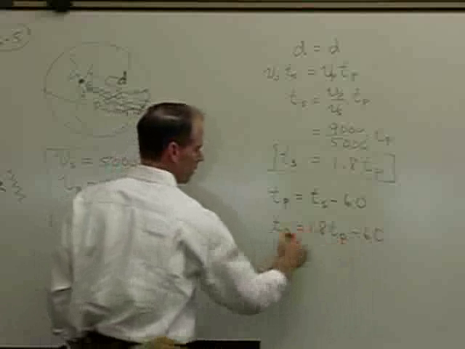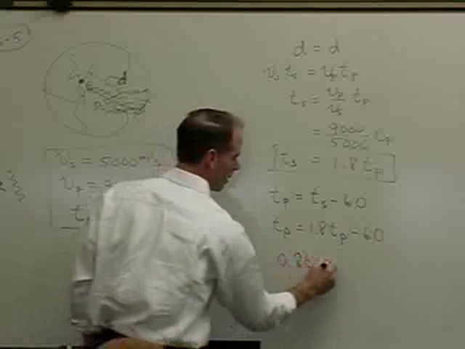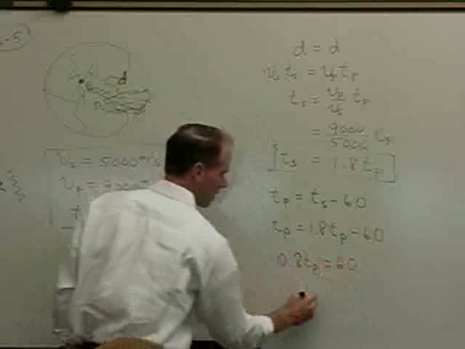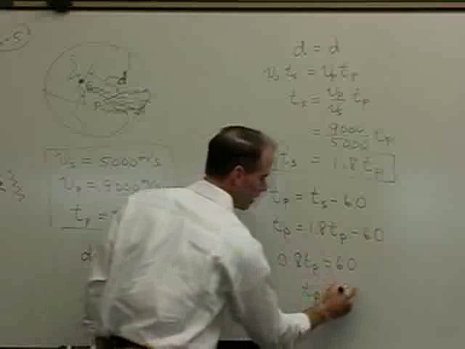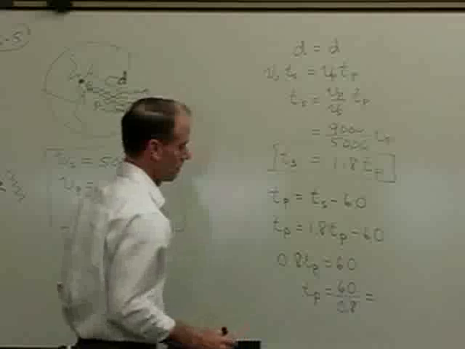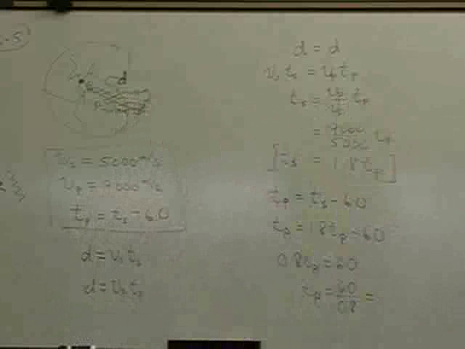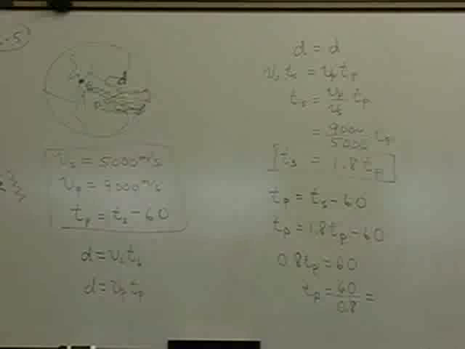Bring the 60 over here and bring this over there: 0.8 times the time for the P wave equals 60. The time for the P wave equals 60 divided by 0.8, which is 75 seconds.